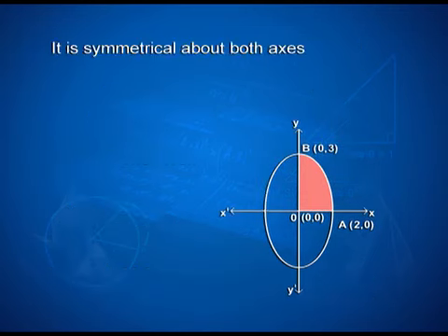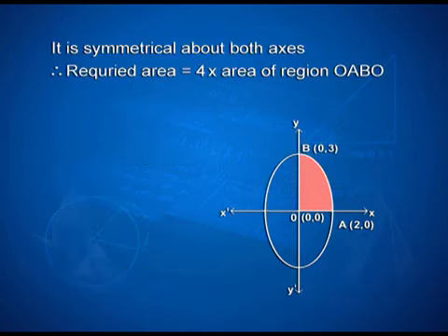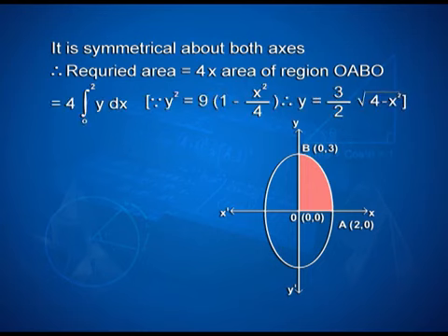It is symmetrical about both axes, therefore the required area is equal to 4 into the area of region OABO, that is equal to 4 into integral 0 to 2 y dx, as y square is equal to 9 into 1 minus x square upon 4.